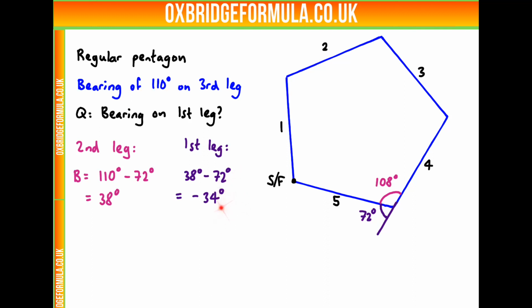If we add 360 degrees to this, then this gives us a valid angle and a valid bearing. So let's subtract this 34 from 360 to get our bearing. 360 minus 34 is 326 degrees. So this is the angle from north that we were running at as we run up our first leg. So 326 degrees is our final answer, and this corresponds to H.